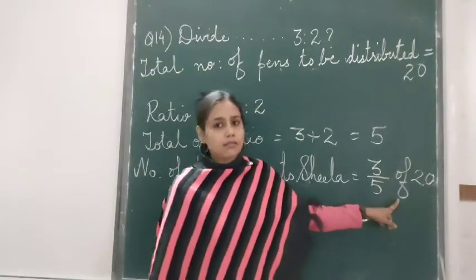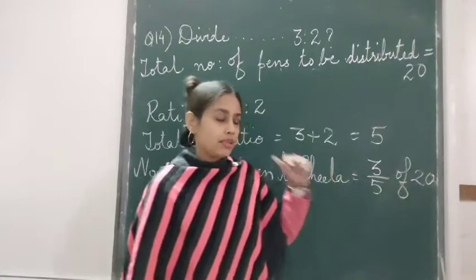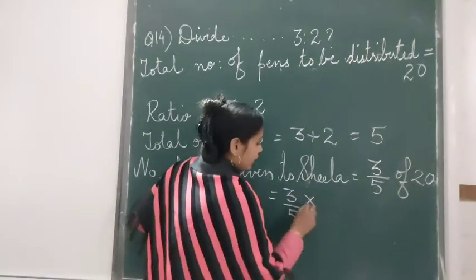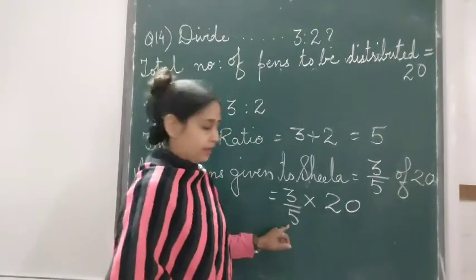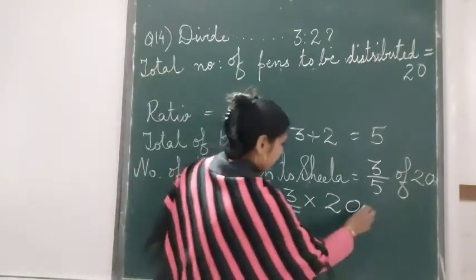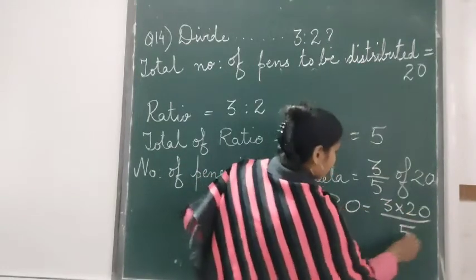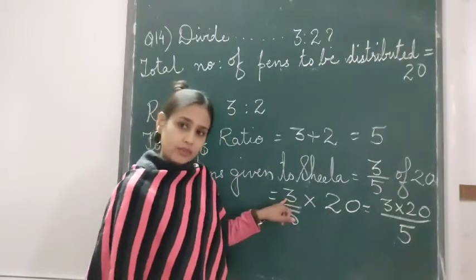Of means multiplication. We've studied this last year also. Of means multiplication. So 3 by 5 into 20. Children, 20 and 5 can be divided because this can be written like this also. 3 into 20 by 5, because ultimately this 20 will be multiplied to 3.